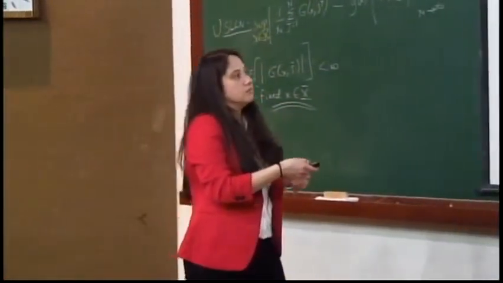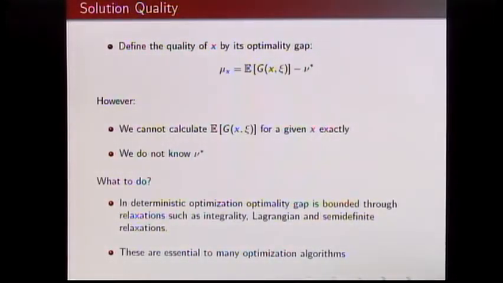For example, if you're solving integer programs, you relax the integrality, like in a branch and bound. The linear programming approximation will give you a lower bound on this thing, so you create an upper bound on the optimality gap. You can do better, like Lagrangian relaxations, semi-definite relaxations, and whatnot. So this is fundamental in optimization. If you want to optimize algorithms, you always want to get some kind of an estimate of this because you want to stop when you feel it's close enough. You have to be able to determine this.